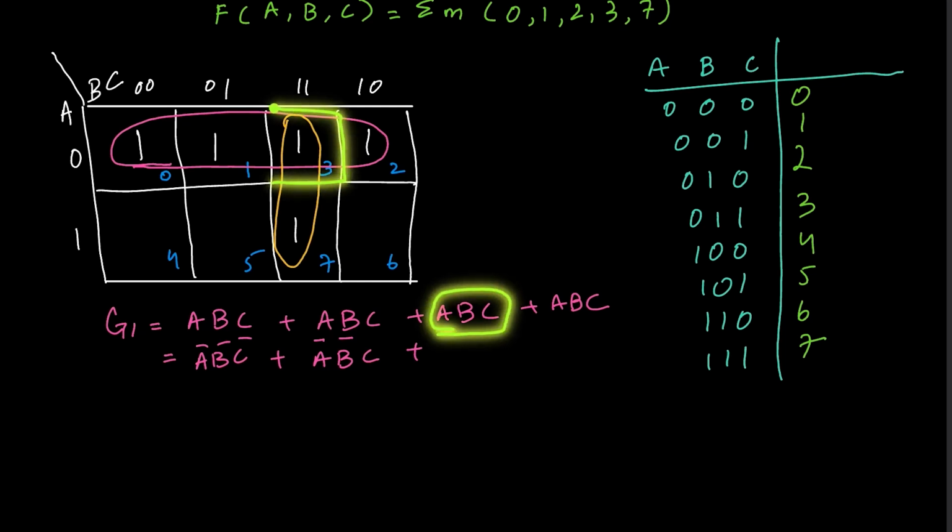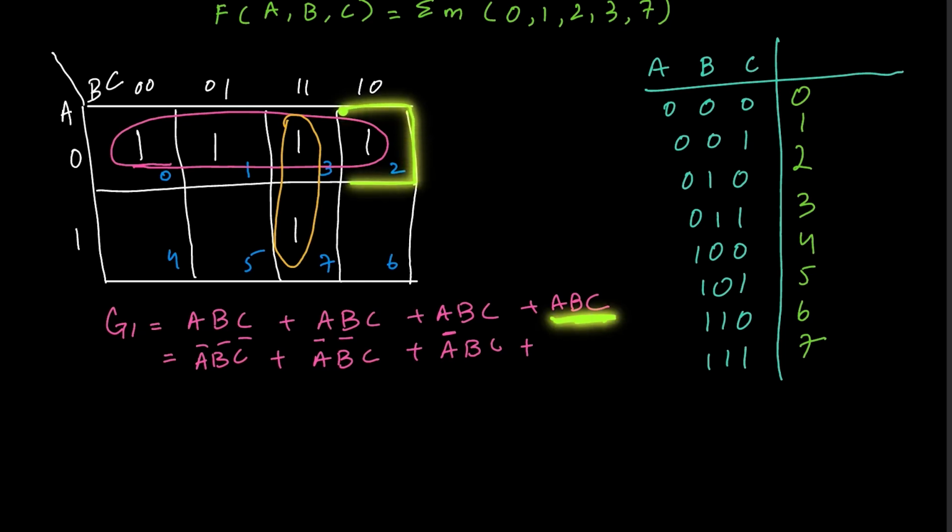Third cell in the group: A again is 0 so A bar, and B and C are 1, so no bar on B and C this time. For the fourth cell in the group, A again is 0, so A bar, B is 1 so B straight away, and C is 0, so C bar.